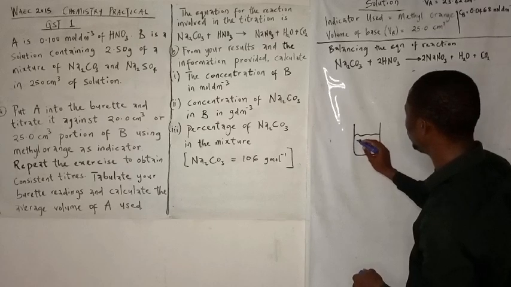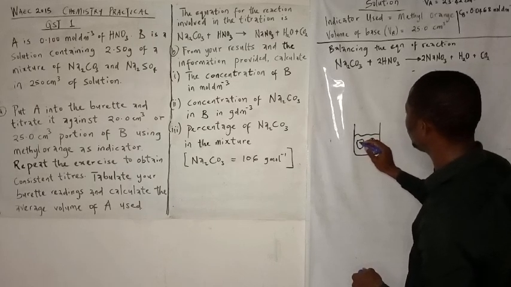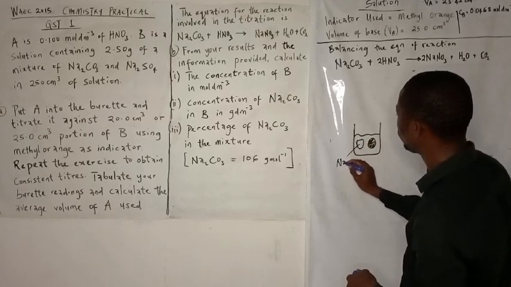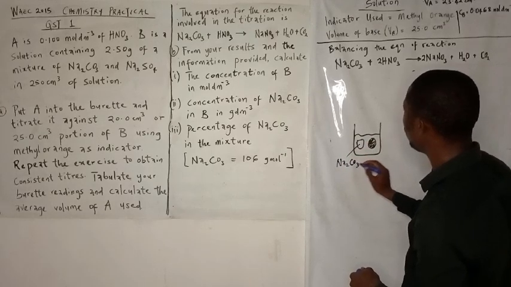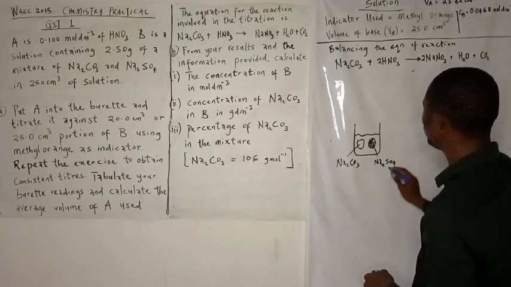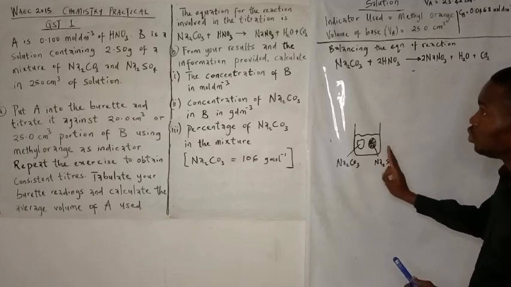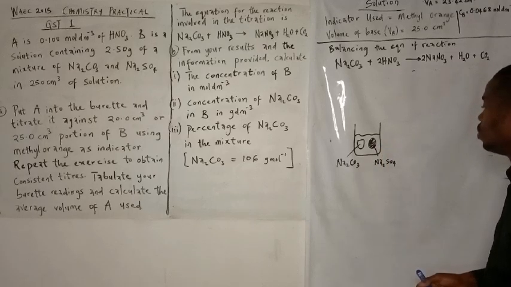B has this and this. So let's say this is our sodium trioxocarbonate IV, and then this is our sodium tetraoxosulfate VI. So B is a solution containing both of them in 250 cm cube of solution.